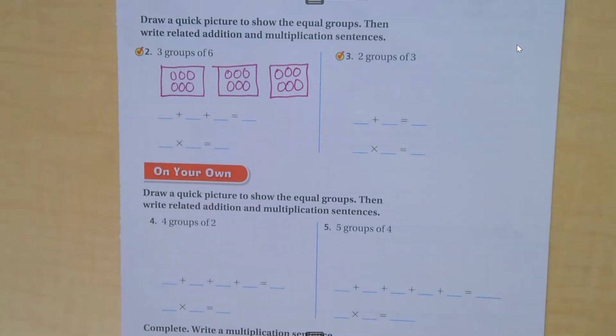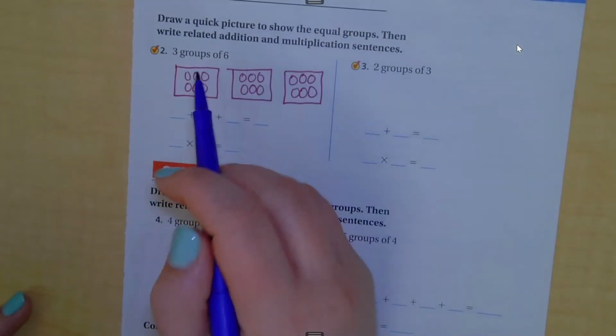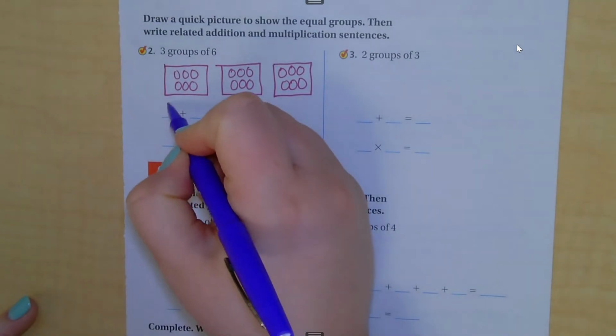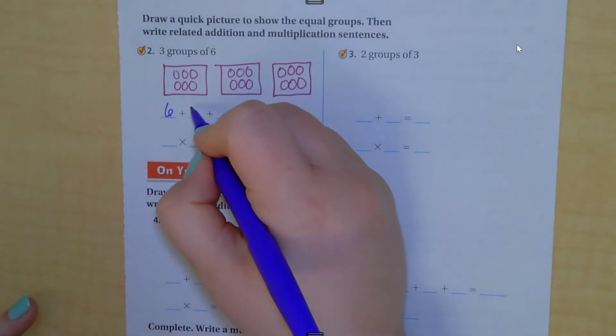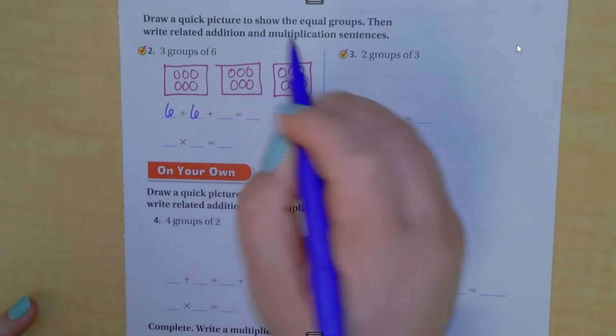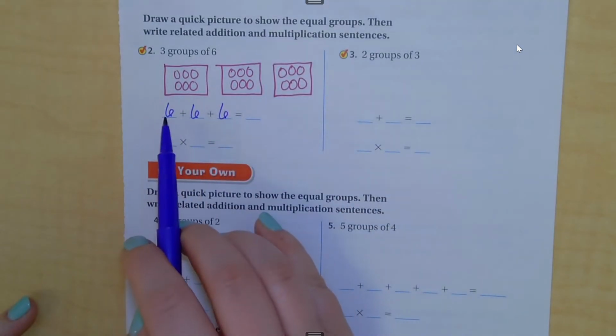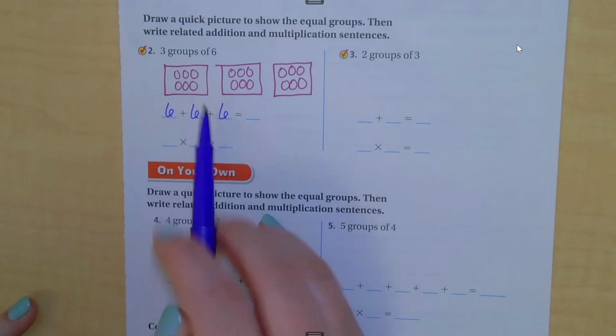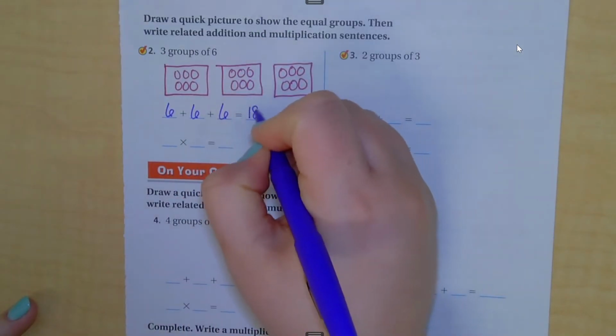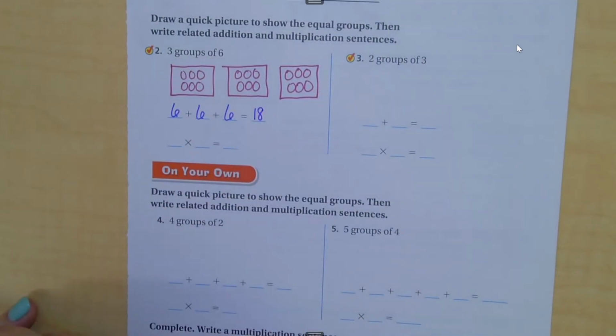Now, I want to add up the number of each group. So for my repeat addition, my first group has 6, plus my second group has 6, plus my third group has 6. If I skip counted by 6, then I have 6, 12, 18. That is the repeated addition.